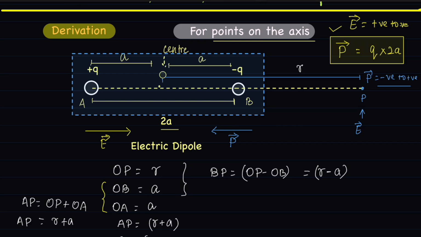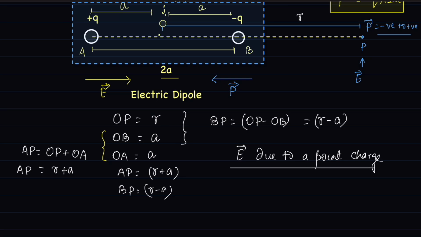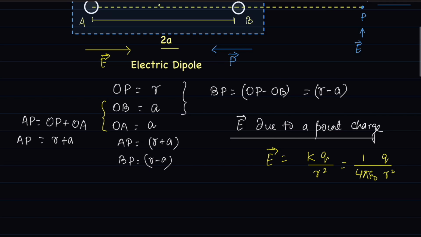We know that the electric field due to a point charge is equal to kq by r square, or it can also be written as 1 by 4 pi epsilon naught q by r square, as k is equal to 1 by 4 pi epsilon naught.